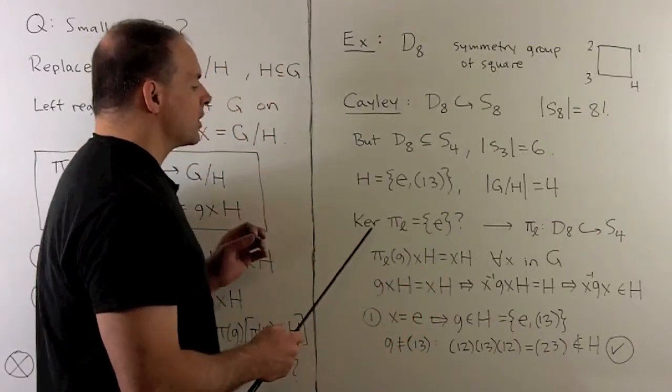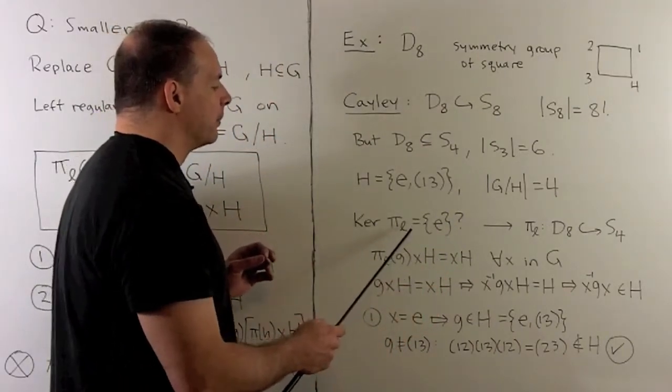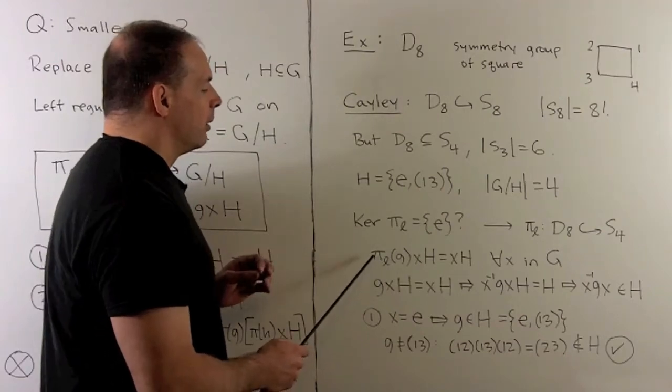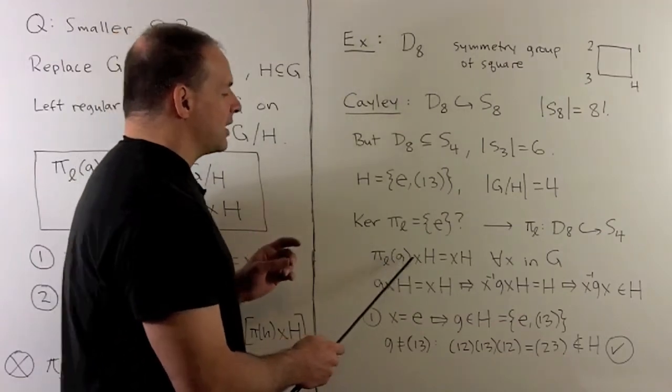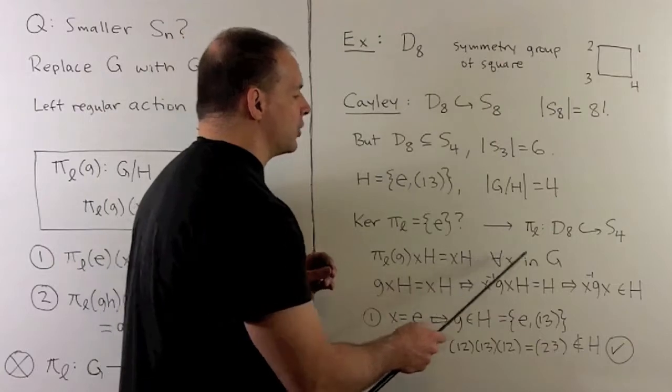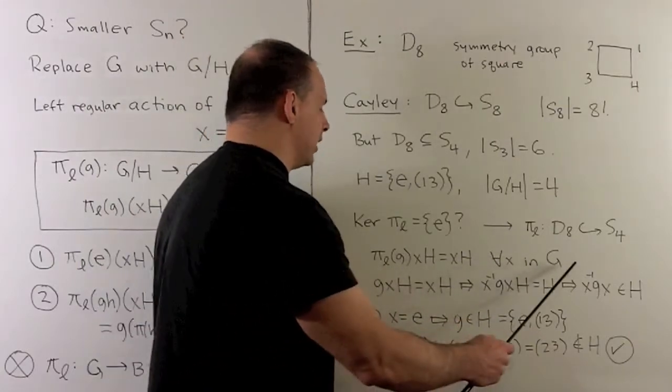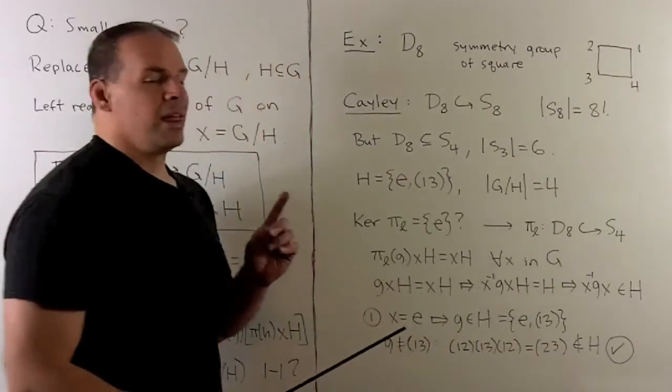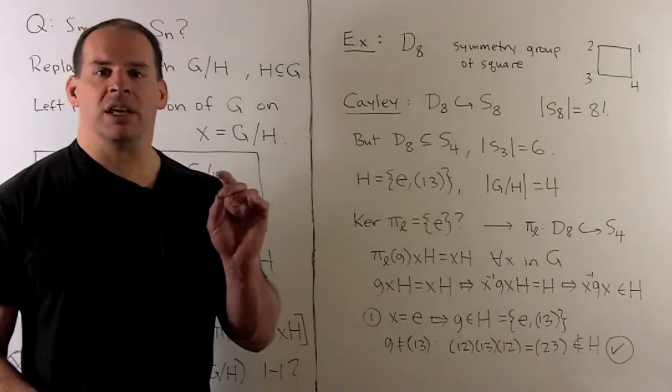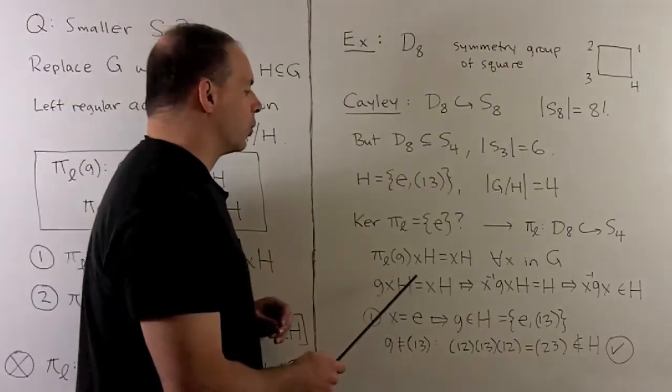So let's suppose I have some g in the kernel of pi. So that says pi of g on xH is equal to xH for all x in the group. So here I just have the identity map. That says gxH equals xH for all x in the group.